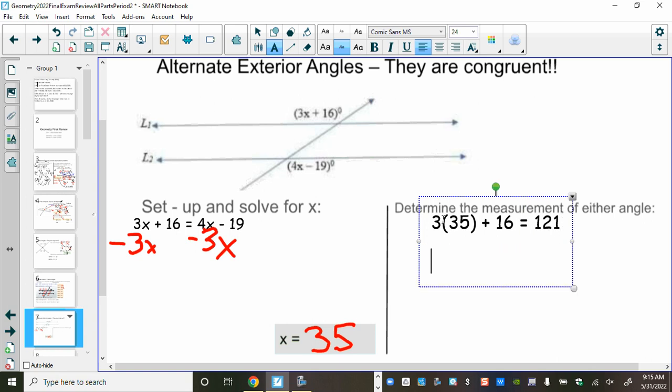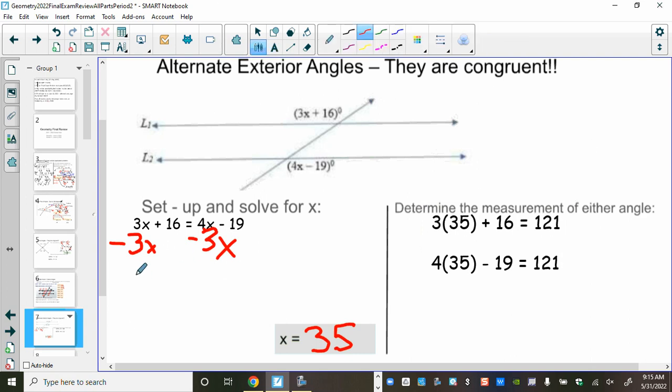If you did 4 times 35 minus 19, you should get 121 as well. Very good. So good job. Yep, that's how we do it. Questions?